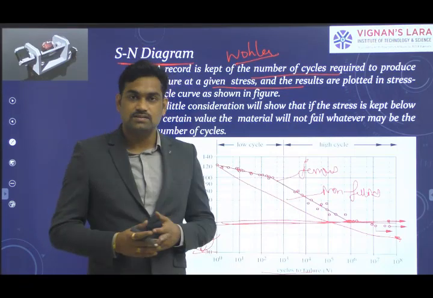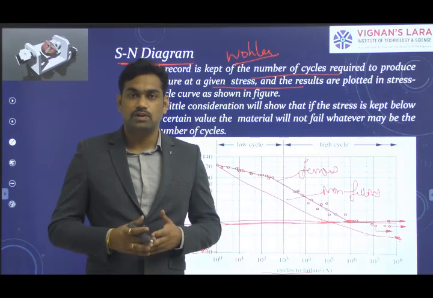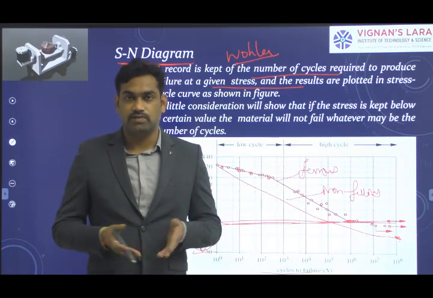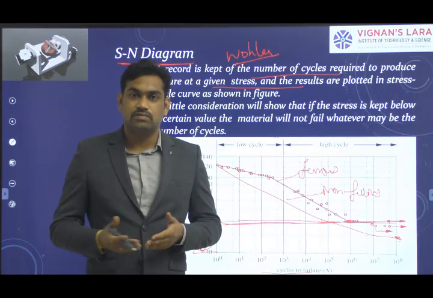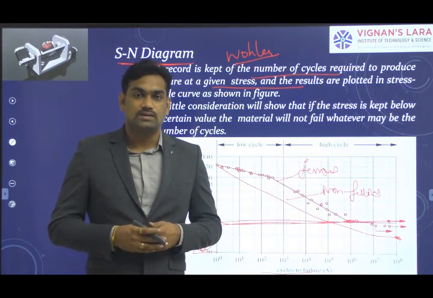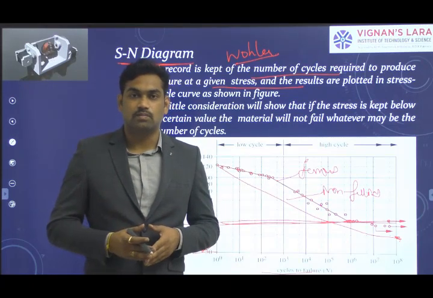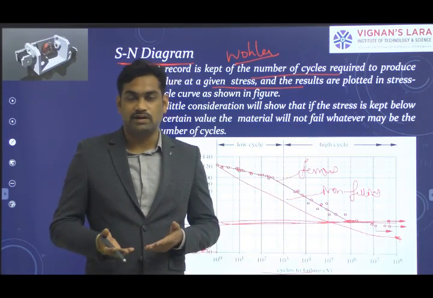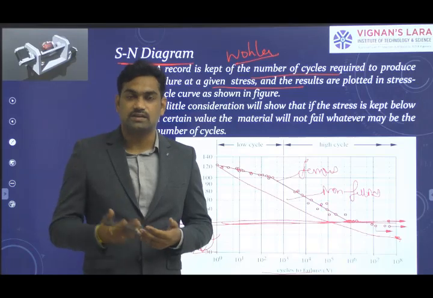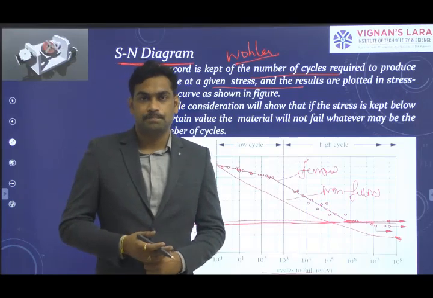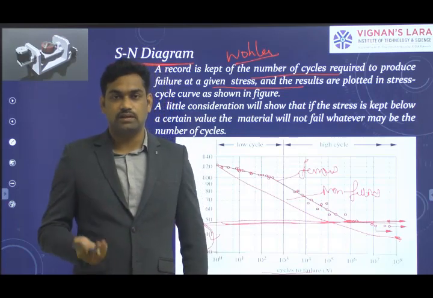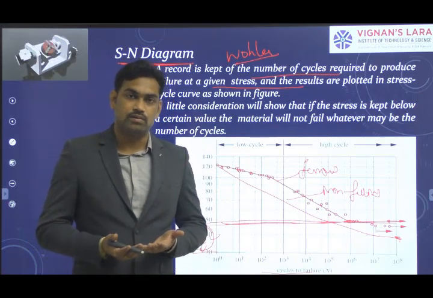But in actual cases, it is not possible to maintain the standard sizes, like the standard specimen of 7.5 mm diameter. We also don't provide that much surface finish for every normal commercial machine component. It is not desired, as it incurs a greater cost of the component. In the majority of cases, components are subjected to axial loading or torsional loading, or a combined loading condition.